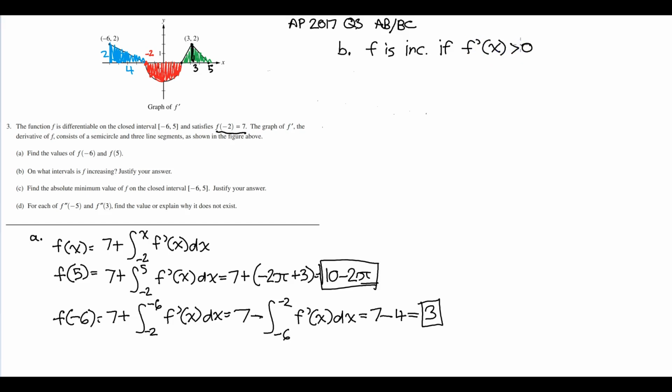If the slope is positive, then you know for sure that it's increasing. So we just need to see where f prime of x is greater than 0. Let's not do that. I'm just going to highlight our graph.